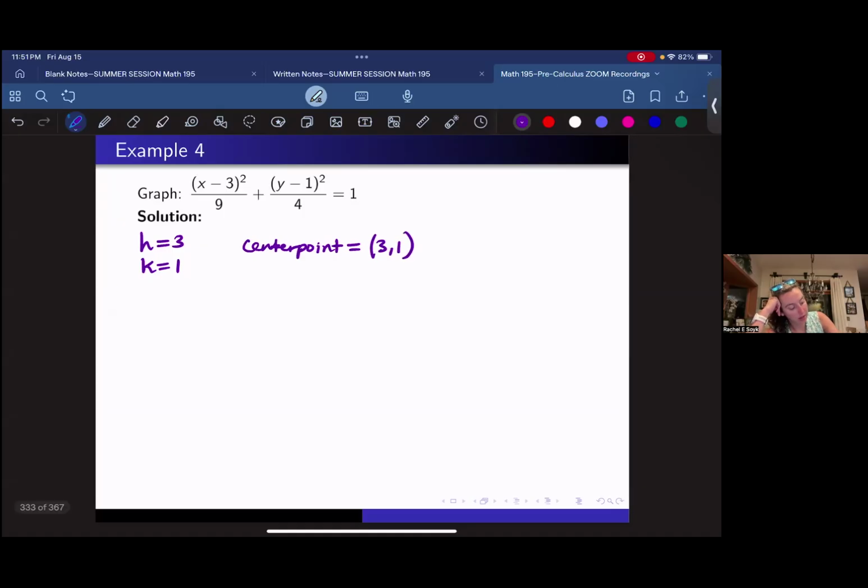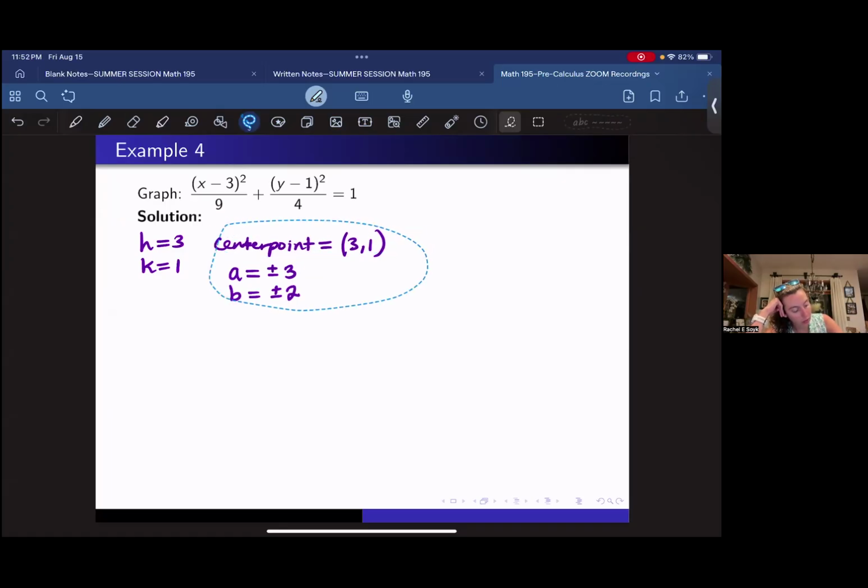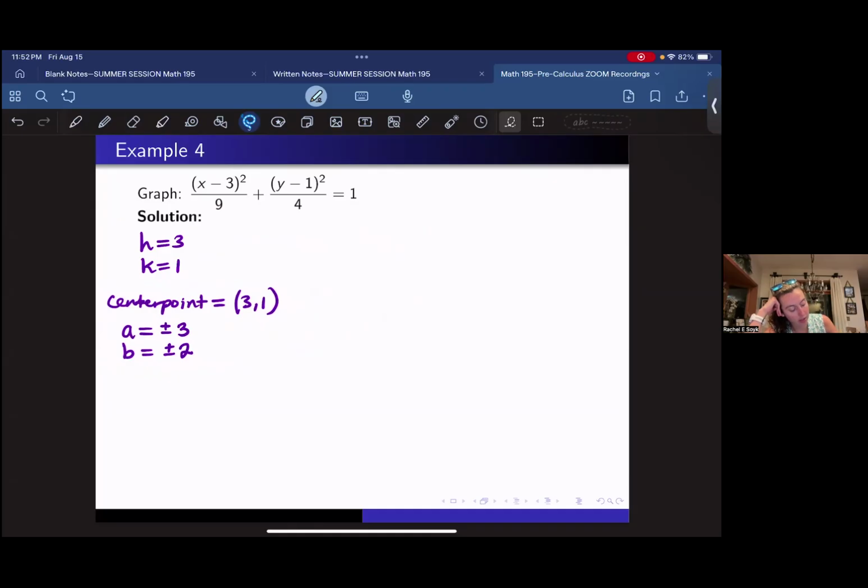And then our a value is plus or minus 3, aka the square root of 9. Our b value is plus or minus 2, aka the square root of 4. And now we have all of the information that we need in order to graph out this ellipse.